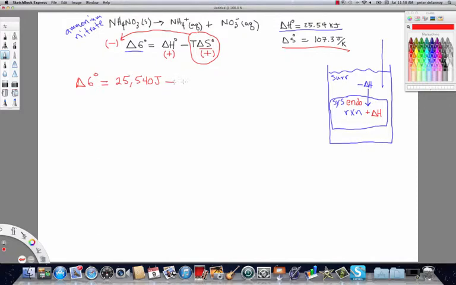That's going to be minus, all right, the temperature at which we're running this reaction is going to be 25 degrees centigrade. So that's 298 Kelvin. And then it will be times the value of the entropy, which is 107.3 joules per Kelvin.